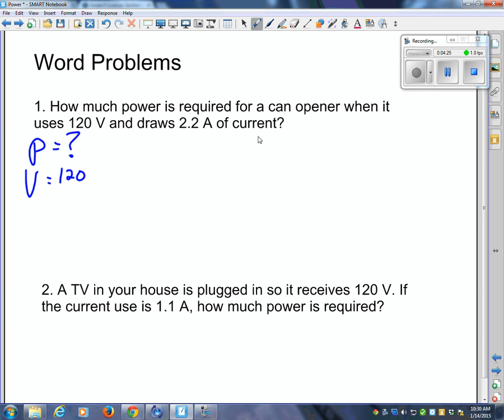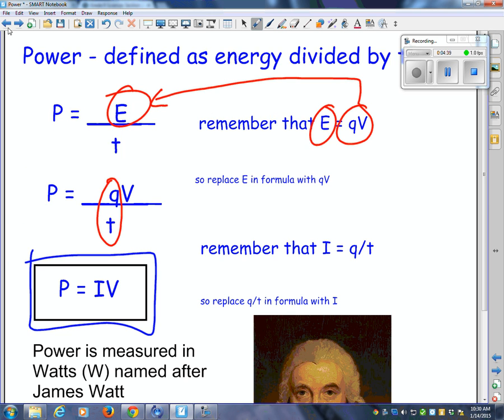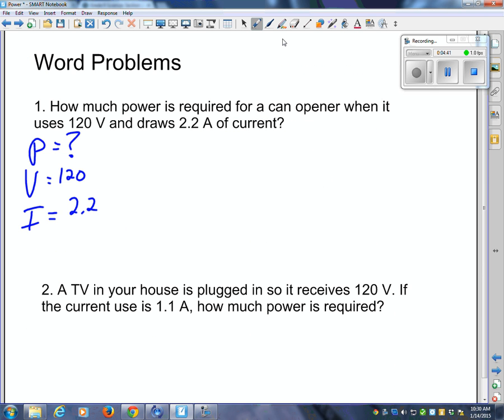What's the letter for current? I. Good. 2.2. So our new formula for power is P equals I times V. So we're going to write the formula. P equals I times V. If you want to put the little multiply in, you can. You don't need to.